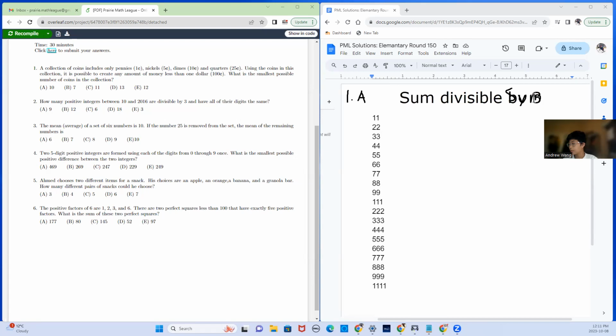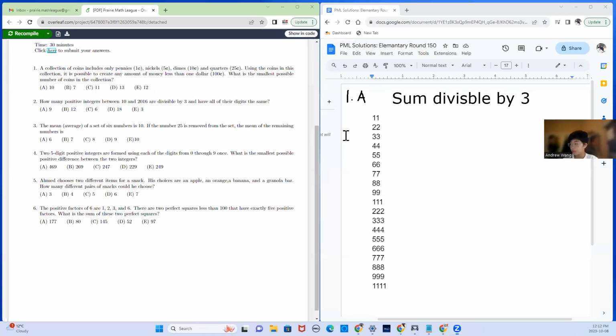Let's try that again. Sum divisible by 3. All right.